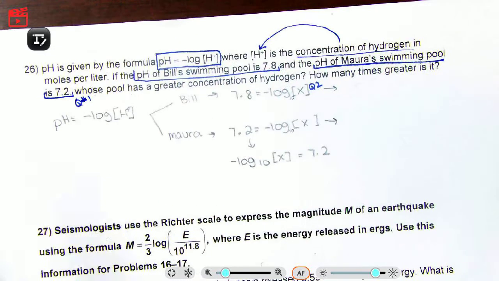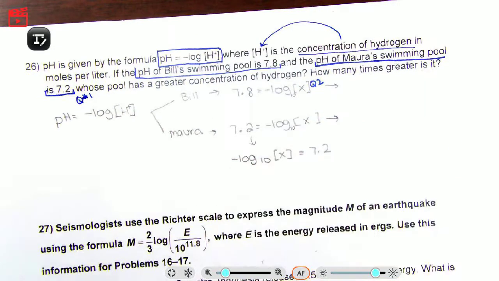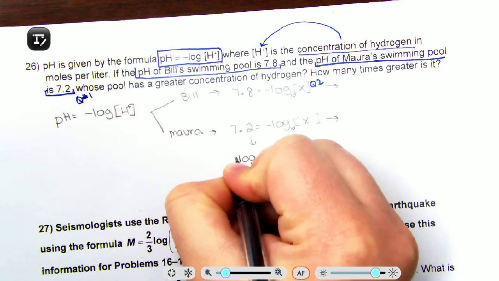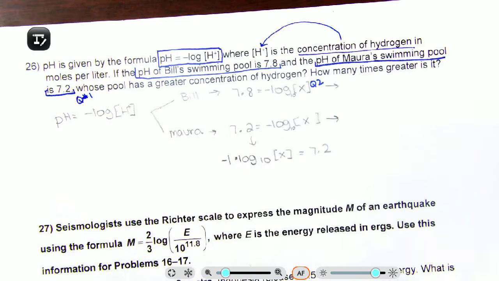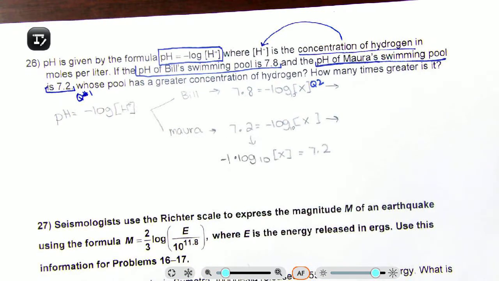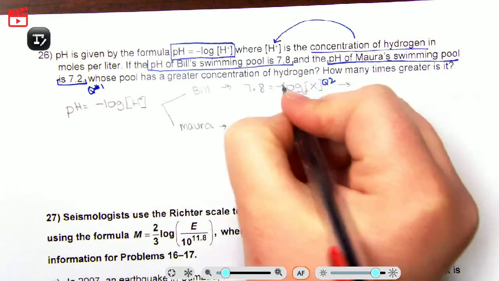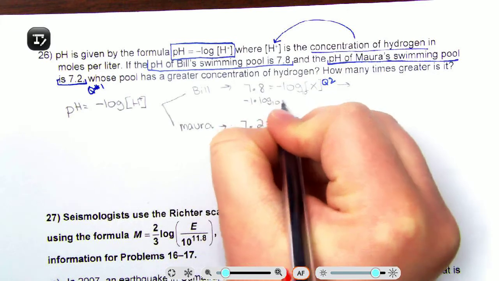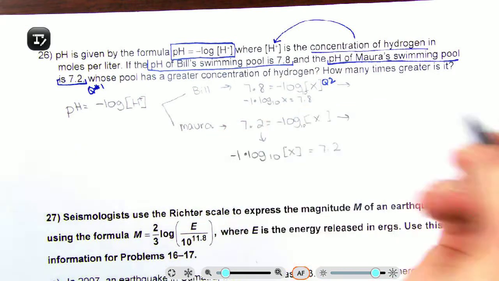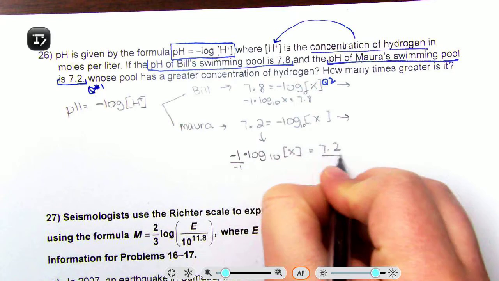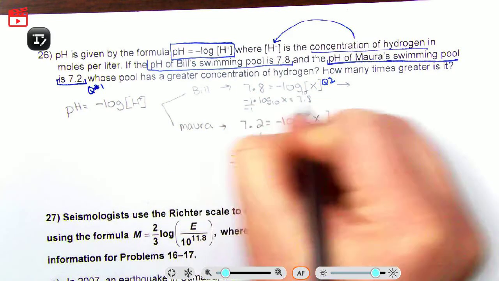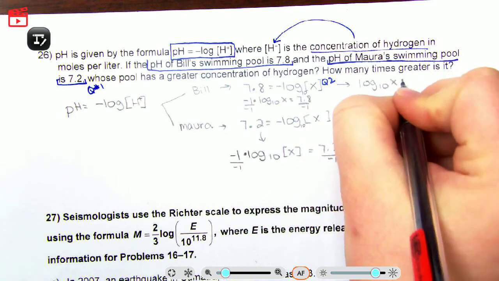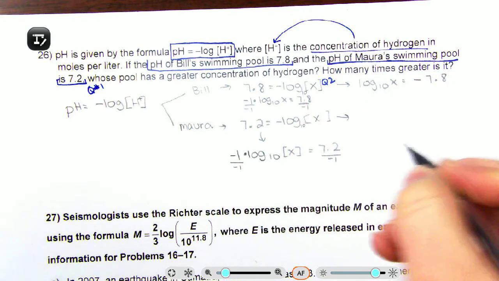That negative out in front means you have a value of -1 times your log base 10 of x, which is equal to 7.8. So I'm going to divide by -1 on both sides, and I have log base 10 of x is equal to -7.8.